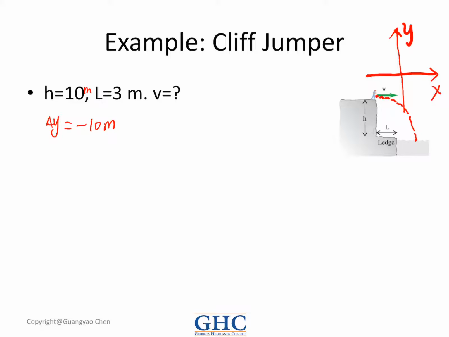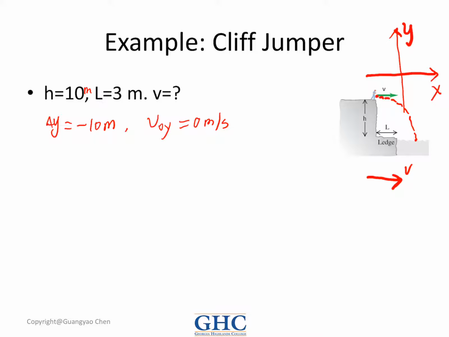I should have a meter here. Okay. And what else do we know in the y direction? His initial velocity is horizontal, which means he doesn't have any initial velocity in the y direction, so his initial velocity in the y direction is 0 meters per second. Okay, we have two quantities in the vertical direction already.